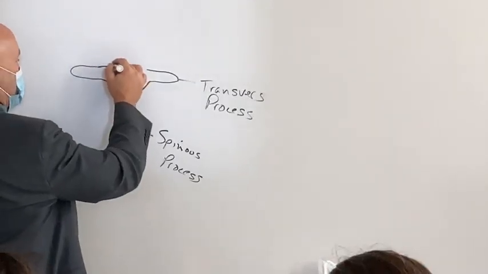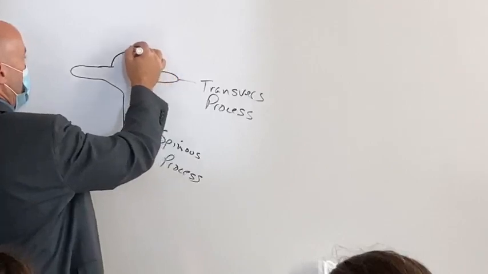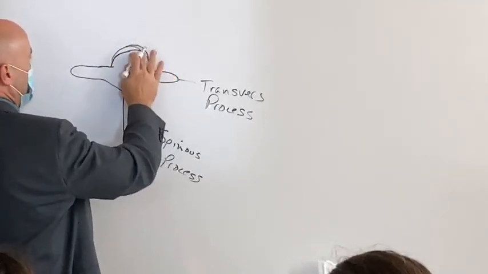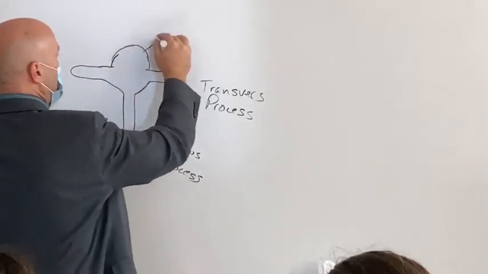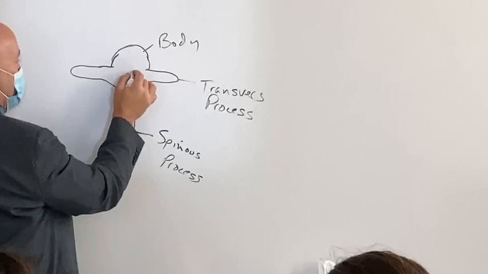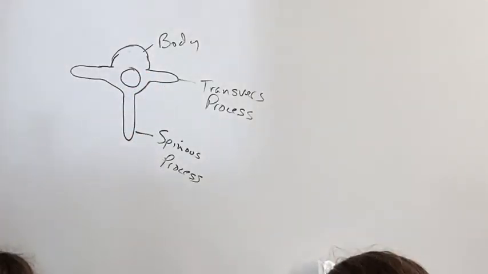And then those go anterior, they go back towards midline, and then they go anterior, and off of the anterior of that, we create the body. Okay, so what we have posterior to the body is the vertebral foramen.